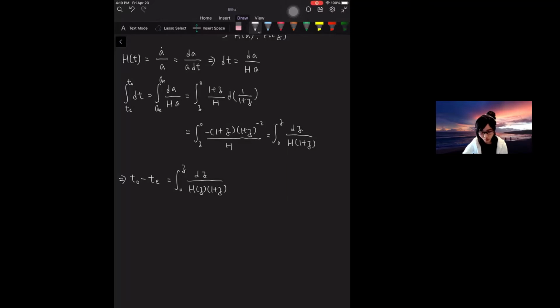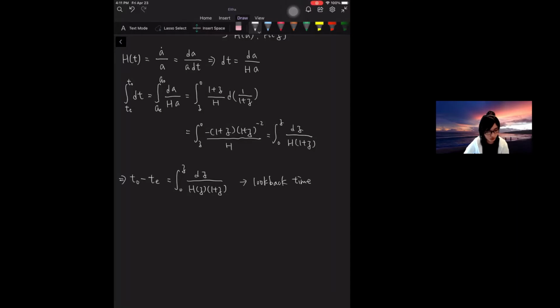This is a very commonly seen formula in textbooks, the look-back time formula. But you can always use this approach to derive any actual time, from any redshift or to any time, not necessarily the look-back time.